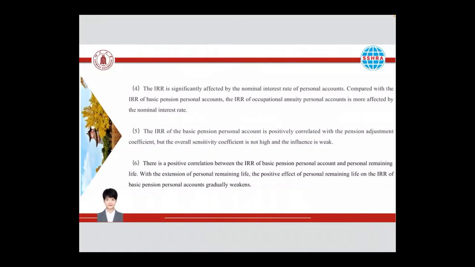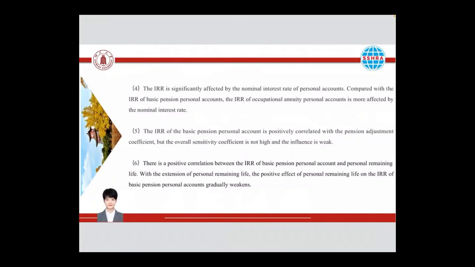Fourth, the IRR is significantly affected by the nominal interest rate of personal accounts. Comparing with the IRR of basic patient personal accounts, the IRR of occupational annuity personal accounts is more affected by the nominal interest rate.